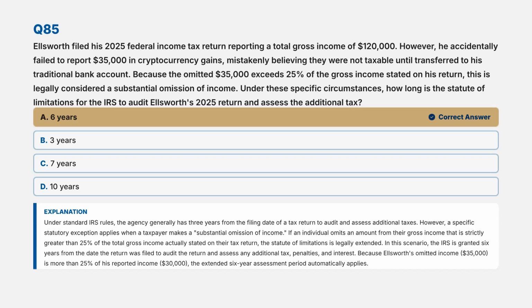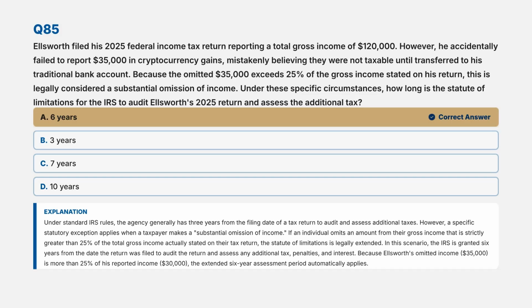If an individual omits an amount from their gross income that is strictly greater than 25% of the total gross income actually stated on their tax return, the statute of limitations is legally extended. In this scenario, the IRS is granted 6 years from the date the return was filed to audit the return and assess any additional tax, penalties, and interest.